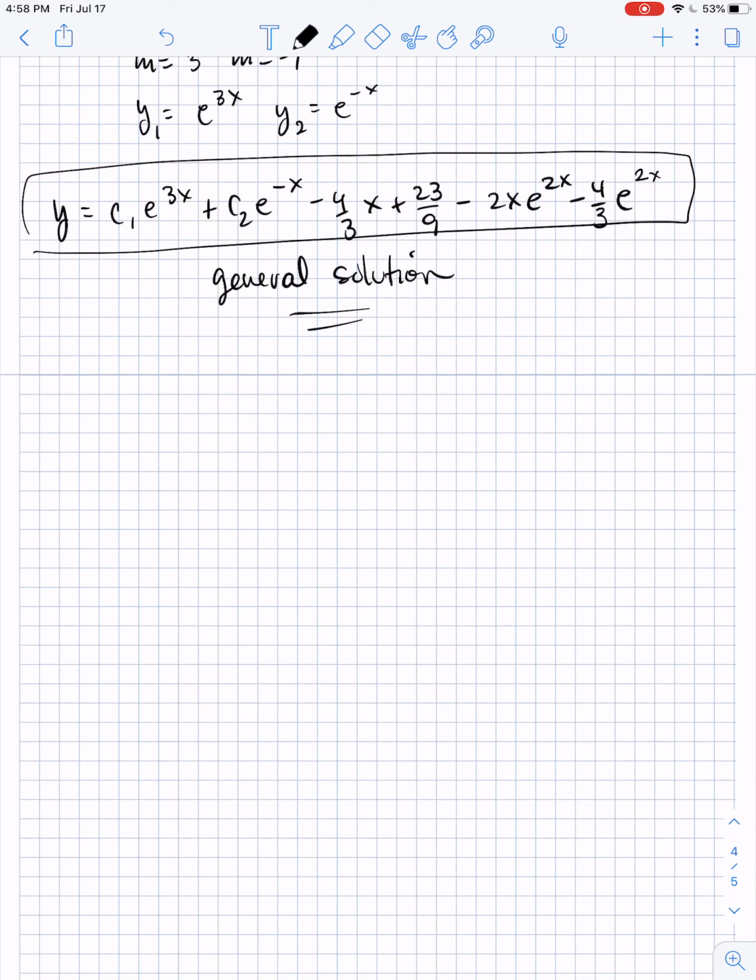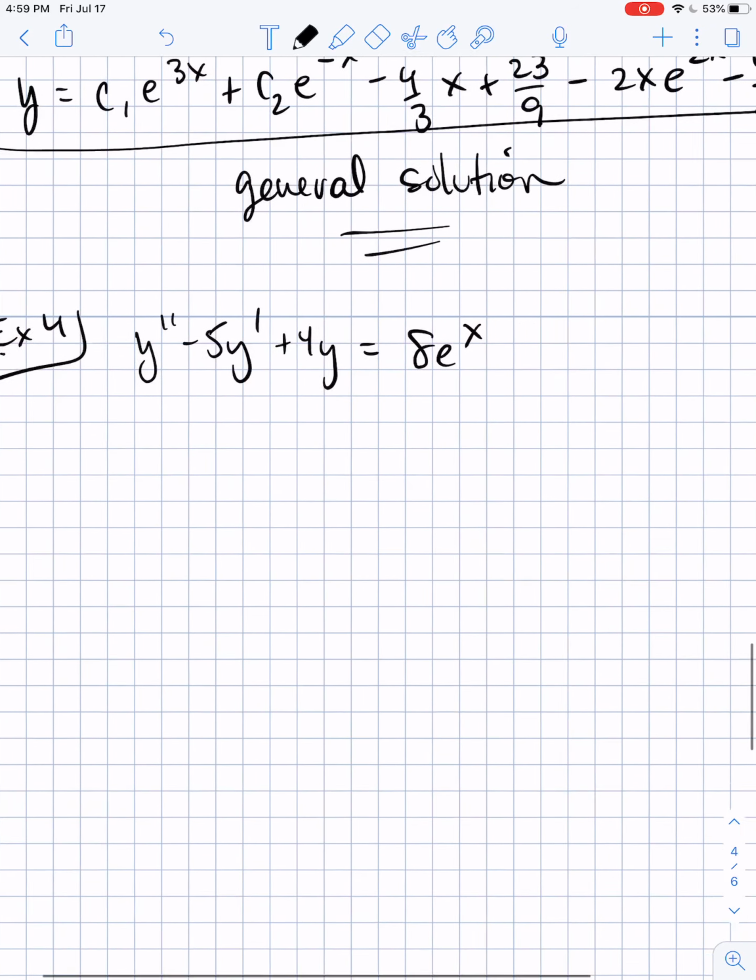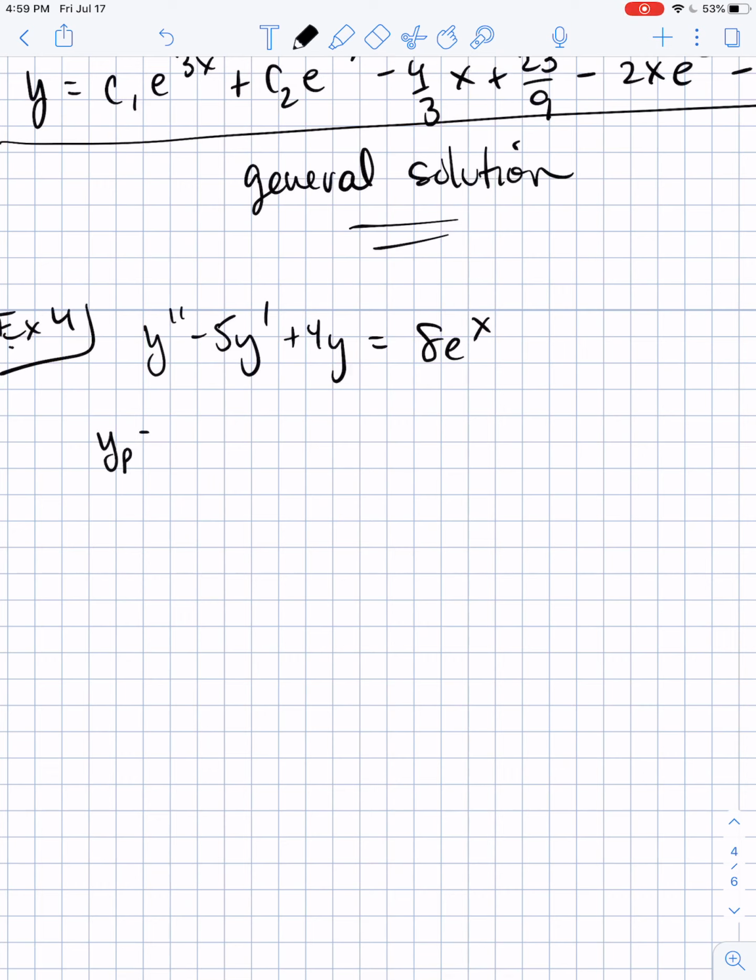Okay? Now, I'm going to show you example 4 just because I want to show you the glitch and what you should do if this happens. Okay, so now here you have this setup. If I'm looking for a particular solution, I'm going to say, oh, this is nice, it's just going to be a e to the x, right?